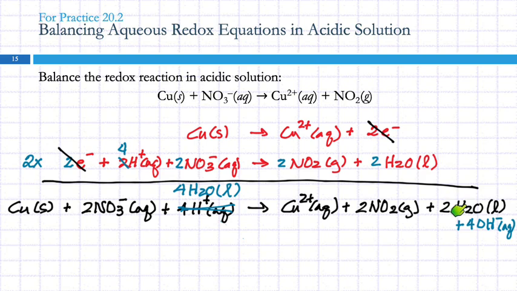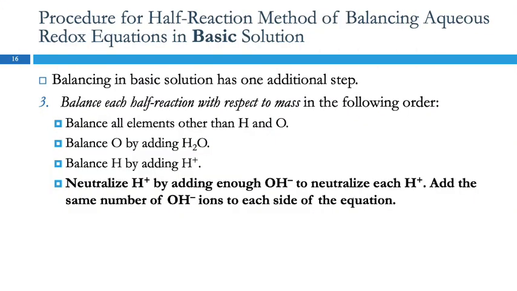I have 2 water molecules over here, and I have 4 of them over there. So I need to subtract 2 from each side. So I'm going to get rid of those 2, and I'm going to get rid of 2 of those. And then you would copy it out neatly. Make sense? The process is the same. One extra step. Okay, let's do this example.